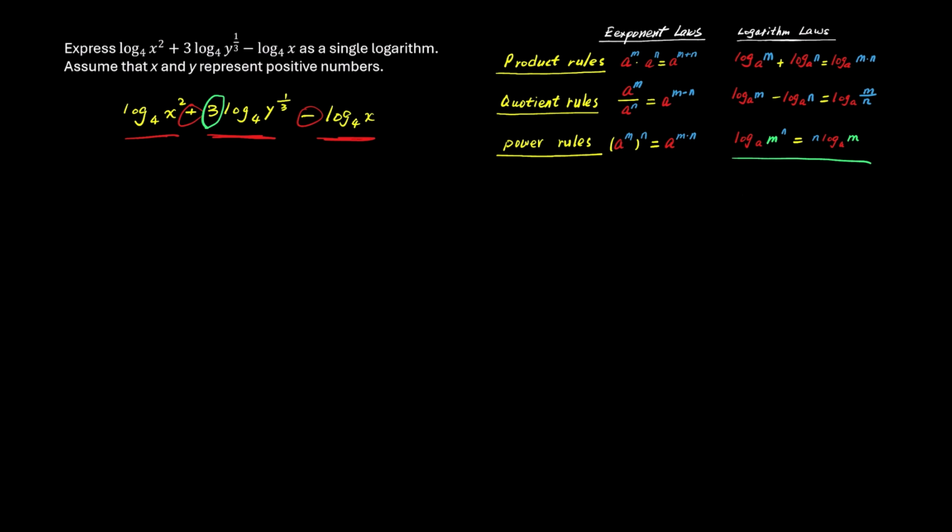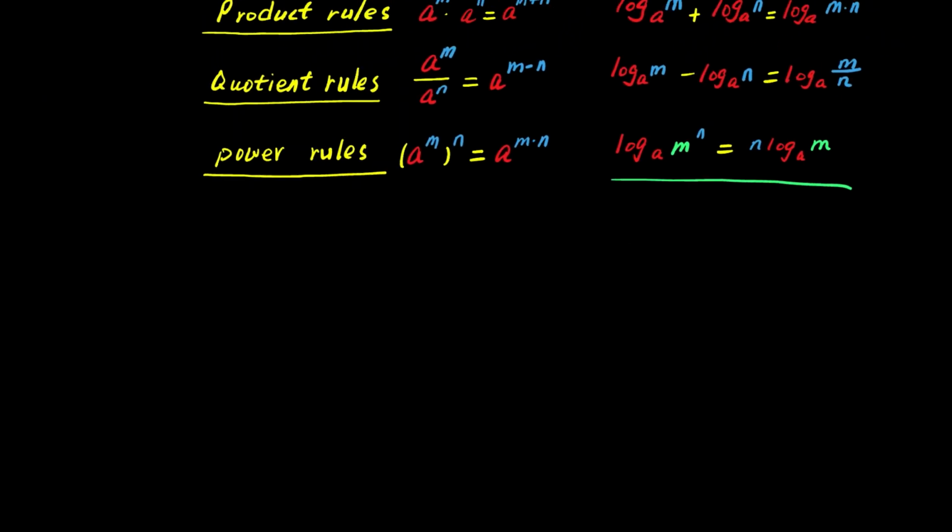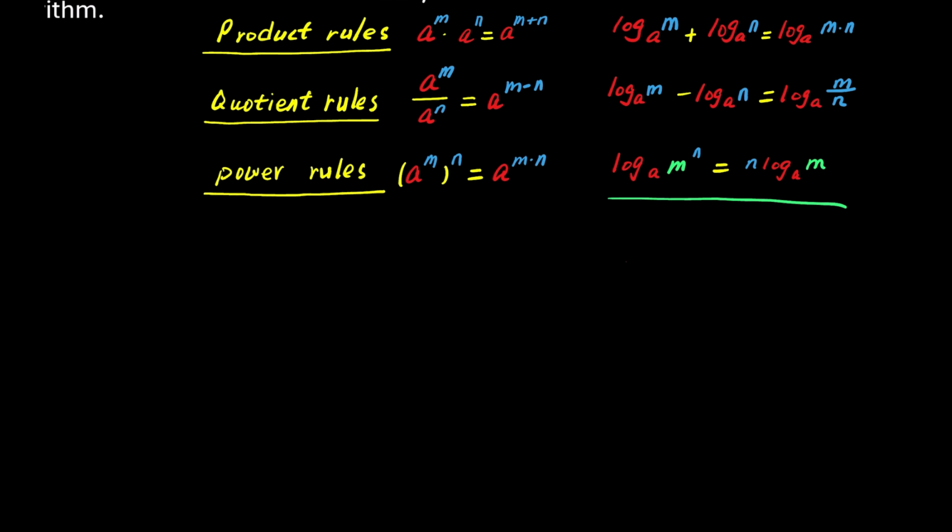So how to use this power rule to get rid of the coefficient? Let's just put this log term here: 3 log base 4. The argument is y to the 1/3. To get rid of the number 3, we need to go backwards.